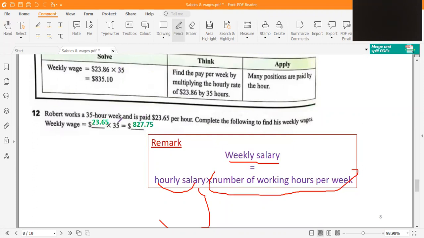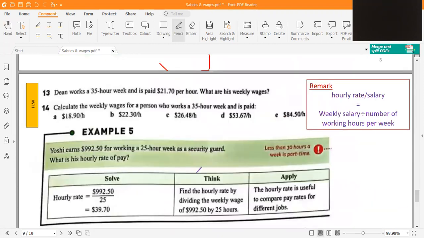Very easy. For example, Robert works a 35-hour week and is paid $23.65 per hour. So the hourly rate is 23.65, and we multiply it by the number of hours per week, 35, to obtain the weekly wages. Very easy.